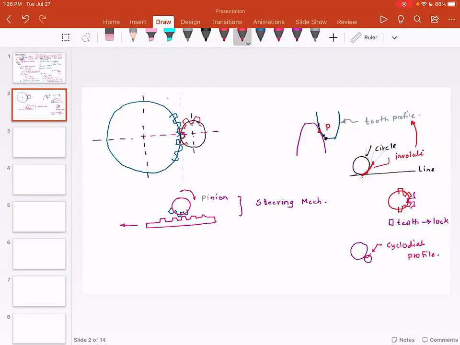So this force is transmitted at an angle. And this angle is called as pressure angle.